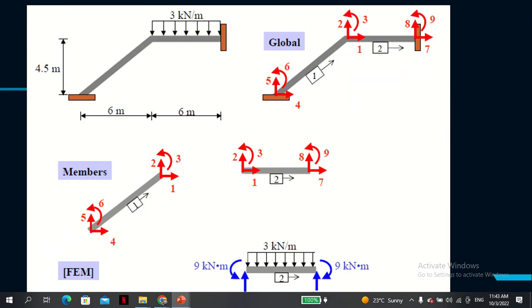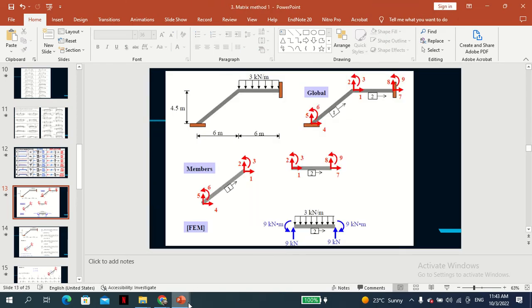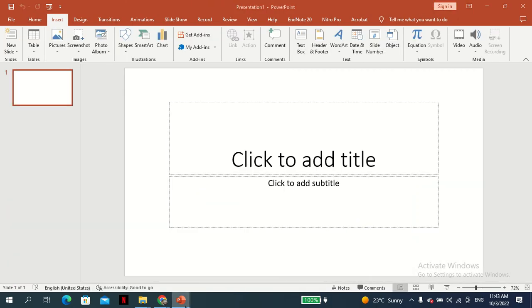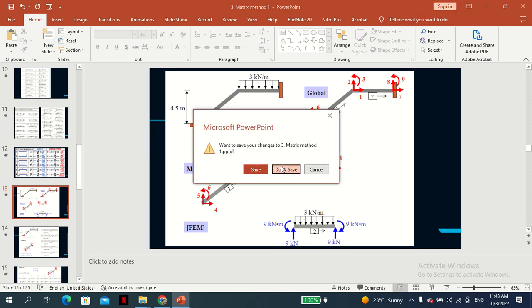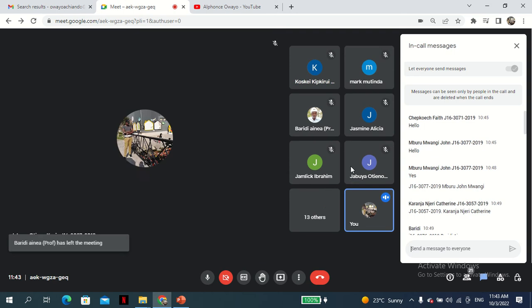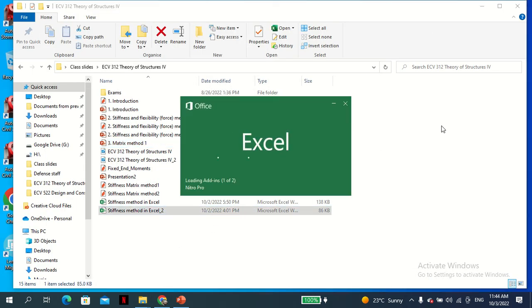So I stop here because I think that example is a bit complicated, and go to the next one. I will stop sharing this one. I will share with you an Excel just to demonstrate how you can solve such a problem. It comes in Excel. You can do this, I think, also with your calculators.